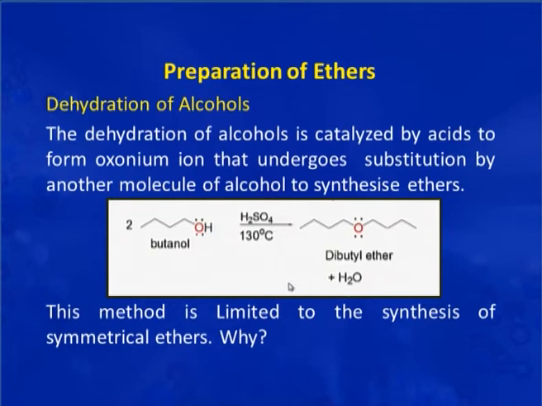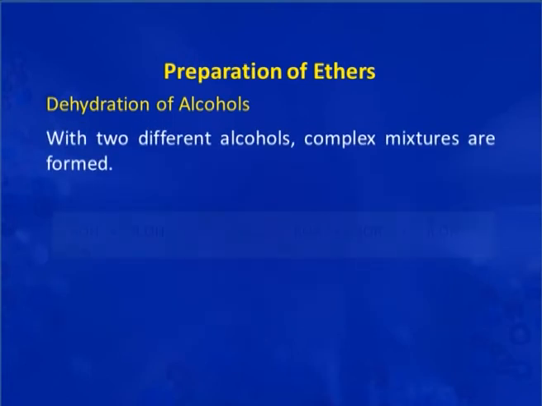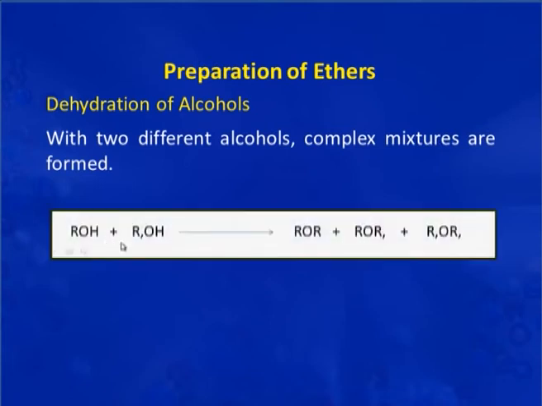Why? The question arises, why the method is a good method for the preparation of symmetrical ethers, but if we want to prepare unsymmetrical ether by this method, it is not that good. The reason behind it is that if we start with 2 different alcohols, ROH and R'OH, then the product formed will be 3 different types of ethers.